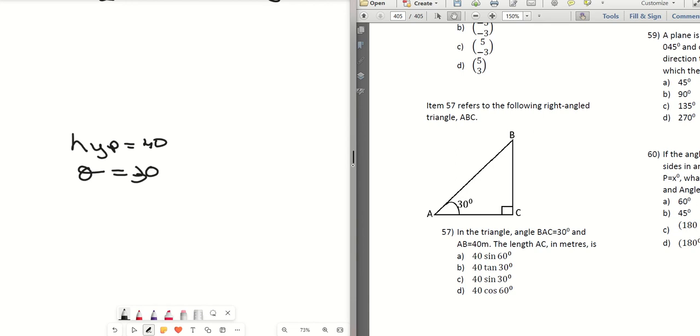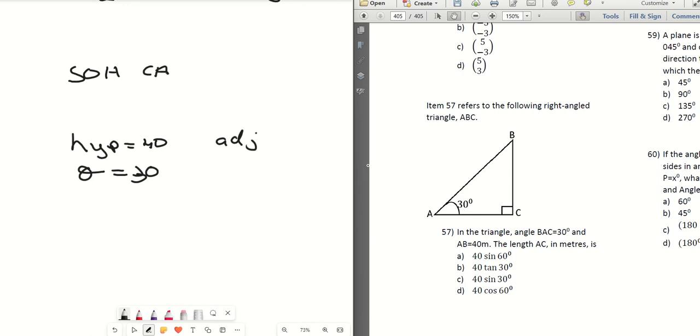Your angle theta is 30, and you want to find AC, which is your adjacent. So we have the hypotenuse and the adjacent. We know SOH, CAH, and TOA. We are not doing anything with the opposite, so it's not SOH and TOA, right? It has cosine.